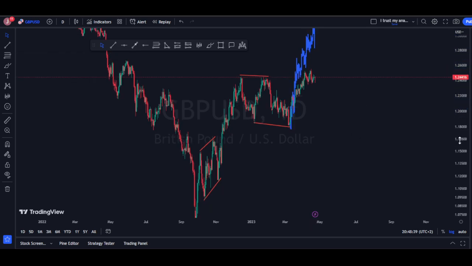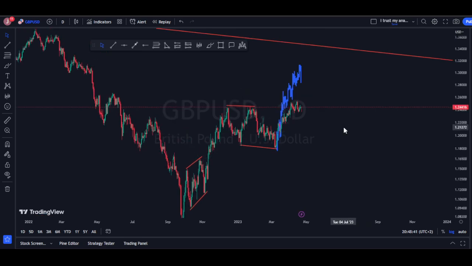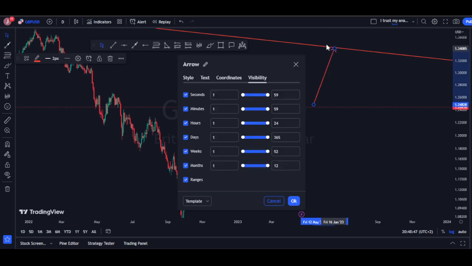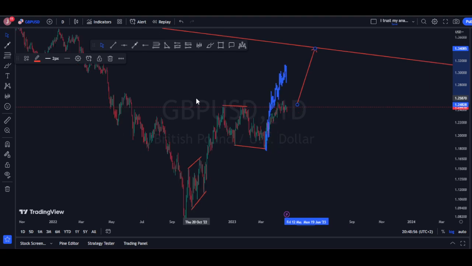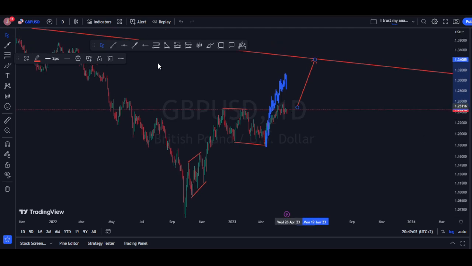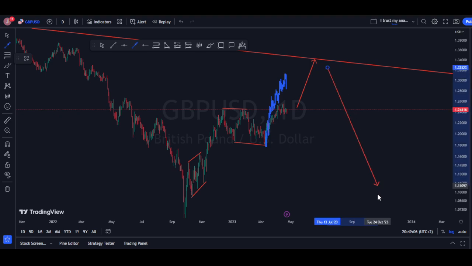Let me just zoom out a bit, and hopefully we're waiting for price to go all the way until these highs, and once price gets to these highs, we'll see how it plays out. But eventually, according to the outer pattern, this pattern indicates bearish reversals to the downside.